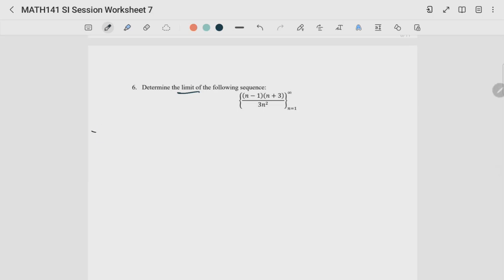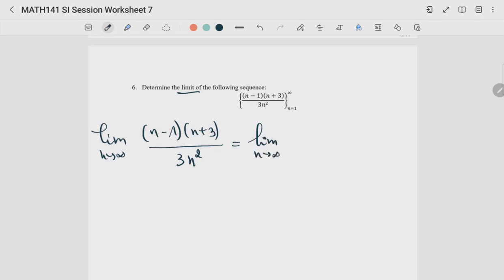How do we do that? Well, we take the limit as n tends to infinity of the sequence that's given to us, which is n minus 1 times n plus 3 over 3n squared. And immediately we know that we have to divide in the numerator and denominator by the highest order, but before we do that, we have to expand the numerator.